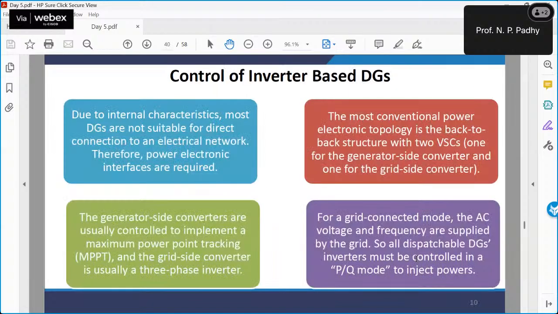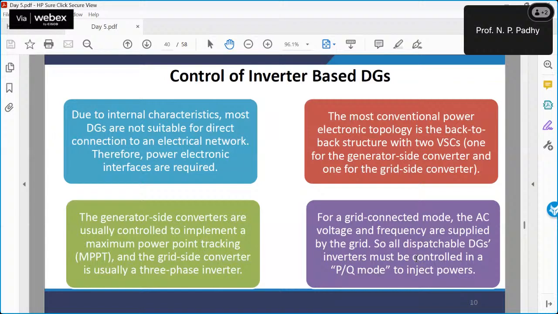Now, if I talk about inverter-based distributed generations, due to internal characteristics, most distributed generations are not suitable for direct connection to electrical networks. Therefore, power electronics interfaces are required. The most conventional power electronics topology is the back-to-back structure with two VSCs, one for the generator side converter and one for the grid side converter.